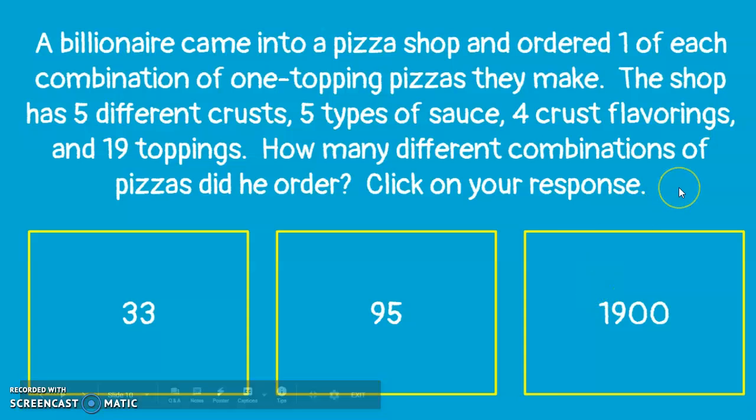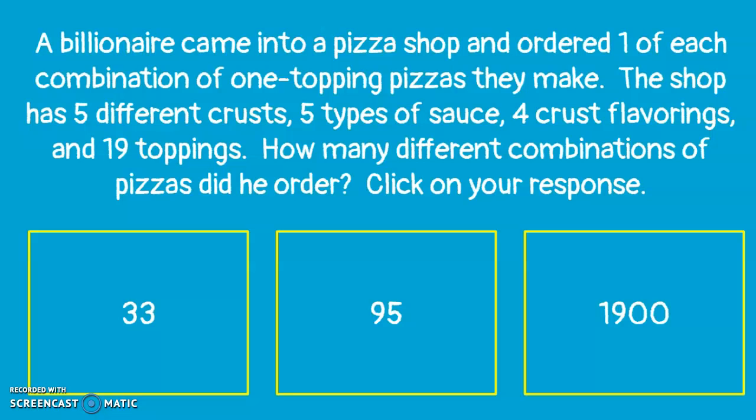And let's try one more. A billionaire comes into a pizza shop and ordered one of each combination of 1-topping pizzas they make. The shop has 5 different crusts, 5 types of sauce, 4 crust flavorings, and 19 toppings. How many different combinations of pizzas did he order? Well, how many different things do we have to choose?